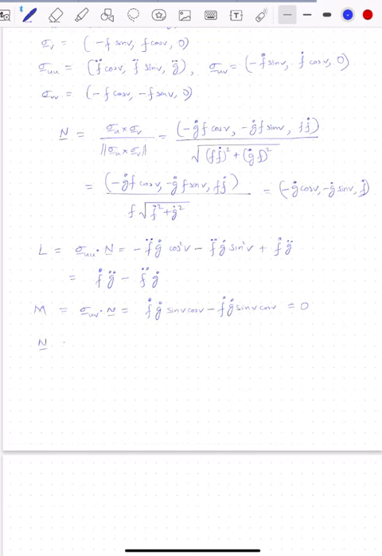Right, and n is equal to sigma vv dot n vector, and this gives us plus f g dot cosine squared v plus f g dot sine squared v, which is equal to f g dot.